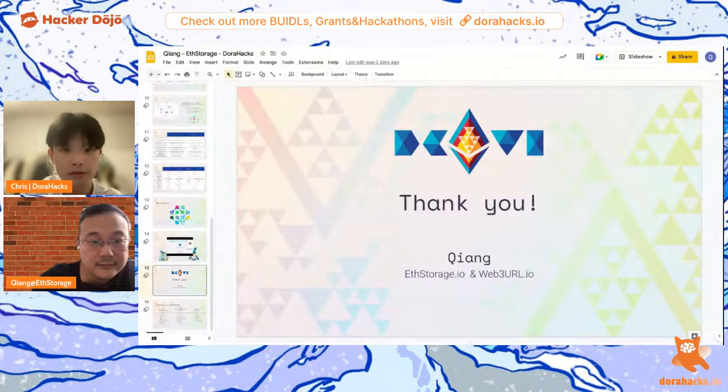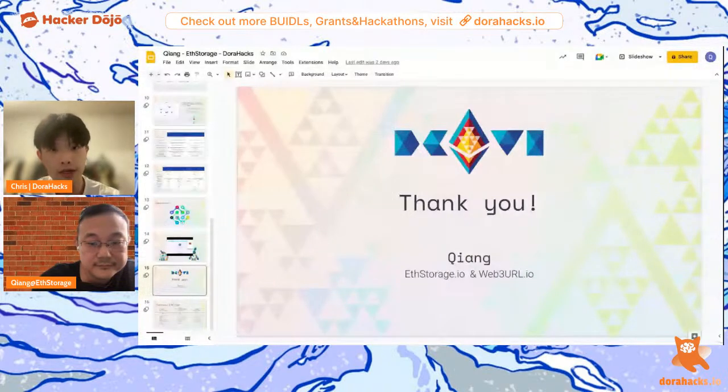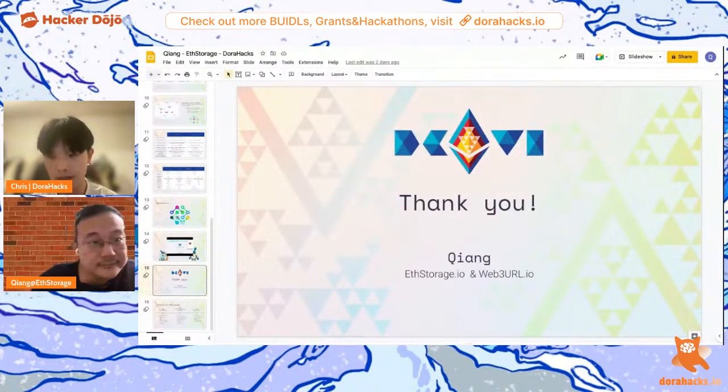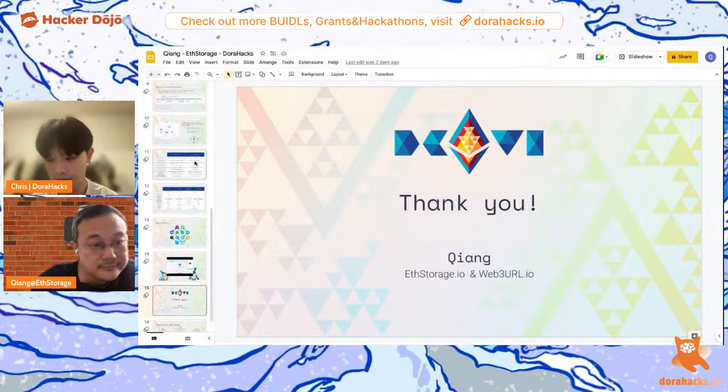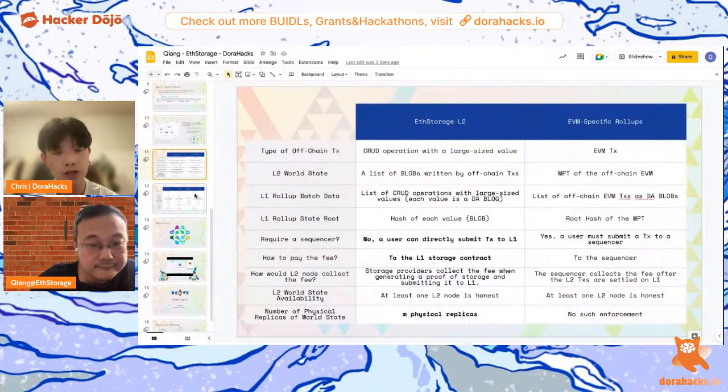Thank you very much for the presentation. I just have one question for you. I have seen that you have already mentioned, compared to the computation layer 2s or the storage solutions, what is the advantage of EthStorage?